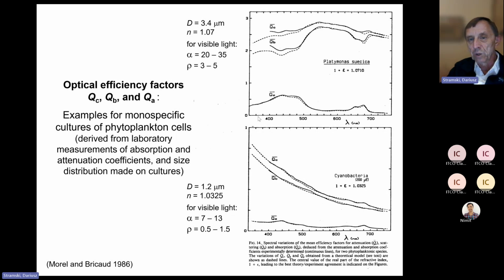That's how it changes if we change wavelength across the visible spectrum. And similarly, at the bottom, you see the changes in alpha across the visible spectrum, or rho, for this particular species. So rho values are relatively small, so we can see scattering and attenuation, which is driven largely by scattering and only to a smaller extent by absorption, exhibits this pattern of increase towards shorter wavelengths.